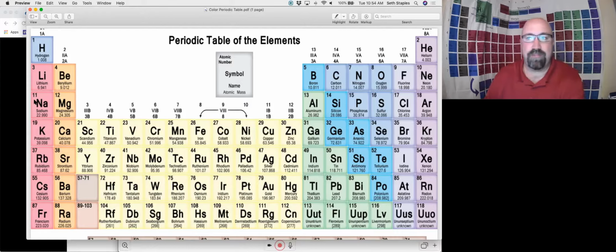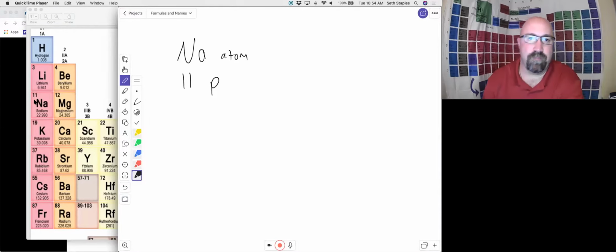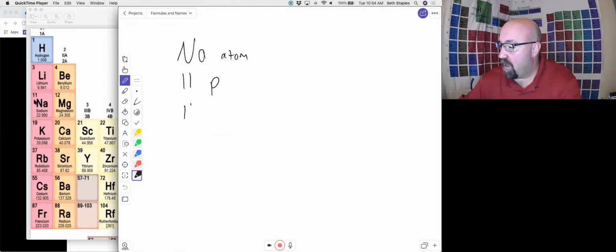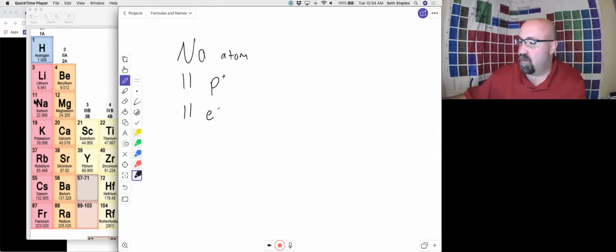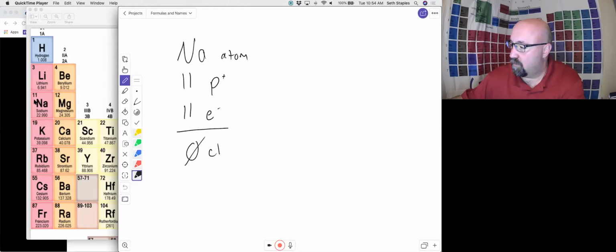It's going to have 11 plus charges in there. So we've got 11 plus charges in a sodium atom, which again also means in a neutral sodium atom, we are going to have 11 electrons. I'll just put little pluses and minuses there to help us keep track. So 11 pluses and 11 minuses cancel each other out. We have no charge left overall.